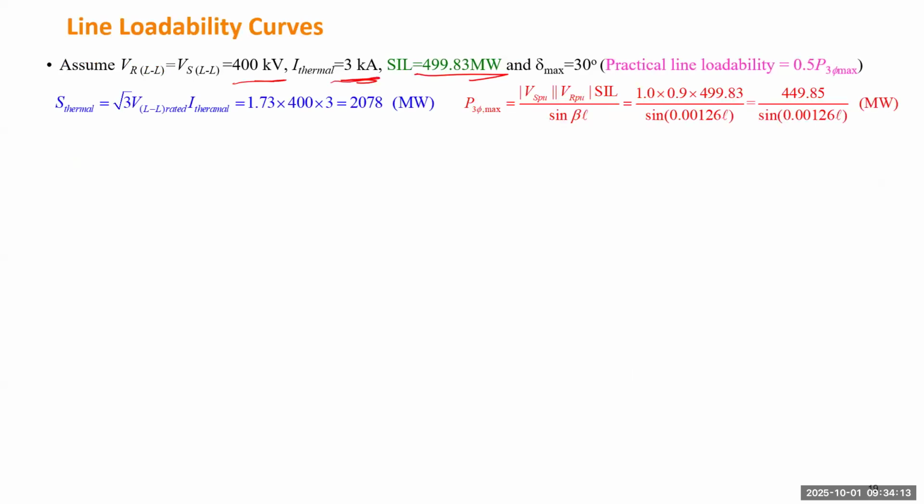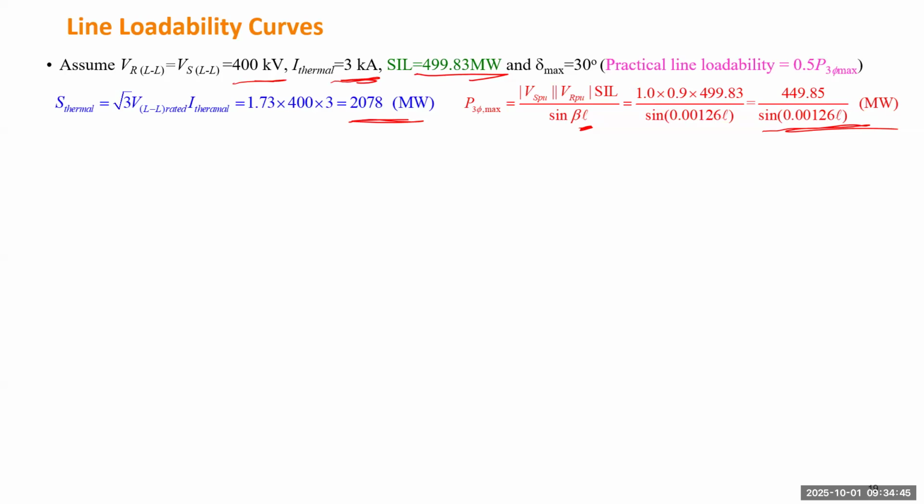If you calculate the thermal limit, it is around 2,000 megawatts. For the theoretical limit, we get a formula because we don't know the length. Let's just assume the length can vary. So the theoretical limit will be a function of the transmission line length L. If you plug in L, you can calculate the theoretical limit. But from here, we can see that if the line is very long, the theoretical limit will decrease.